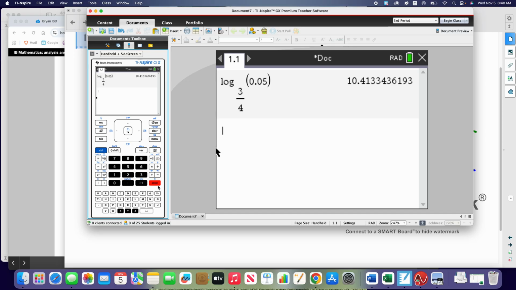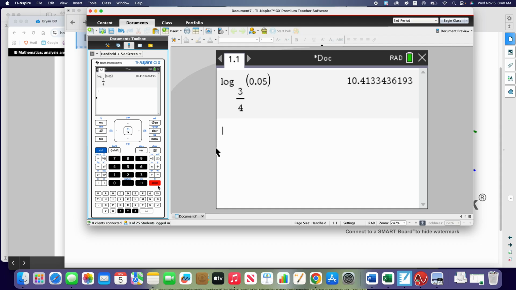But I can't have 10.4 turns. So this would be 10 turns or 11 turns. Which one? 10? I need at least, right? So I need to go to the next one. I need 11. I need the 11th pull. The 10th pull is going to be a little bit under 95.